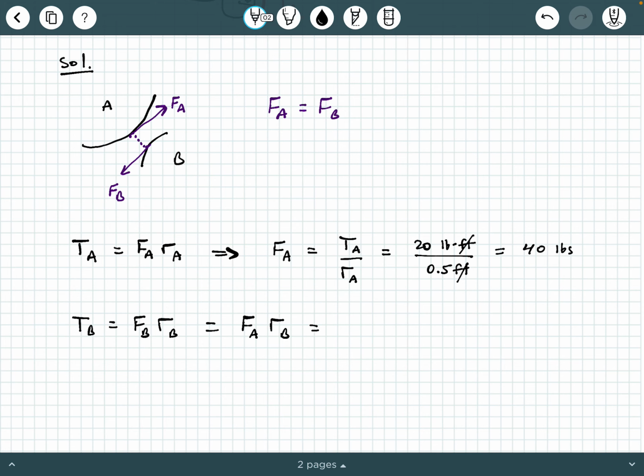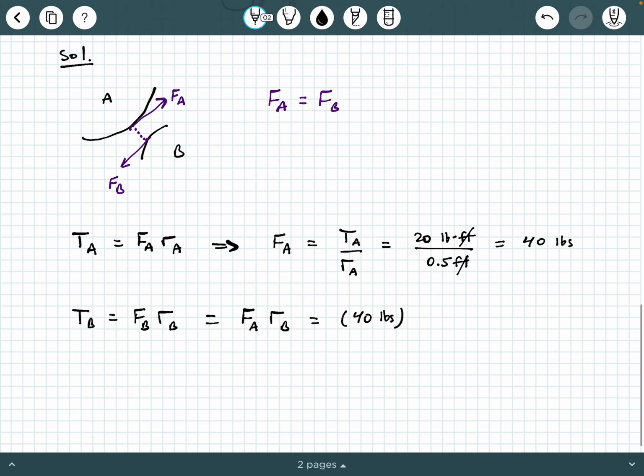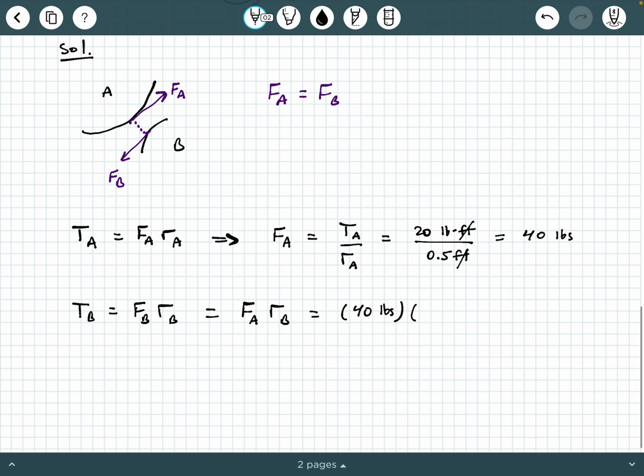And so we're going to say that that's 40 pounds. And then just to be consistent with our units, I'm going to say 3 inches, but I'm going to say 0.25 feet. Okay, that's the 3 inches. And this is going to be 10 pound-feet. And this is my answer for the torque at B.